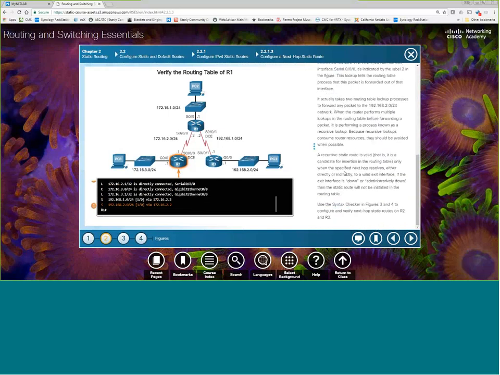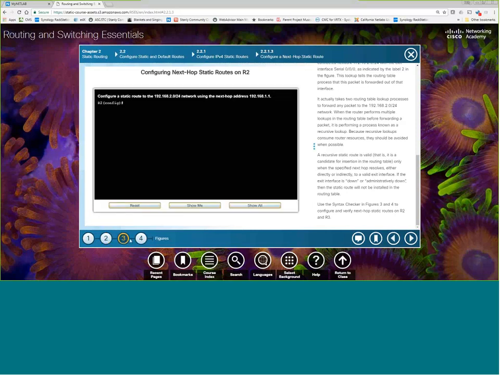If for some reason you're not running CEF, then you typically do want to use next hop IP address. Next, outgoing interface. On most serial links, we do use outgoing interface because that way we can change our serial links if we need to, change IP addresses on them, and it makes no difference at all. It won't affect anything. Does that make sense?